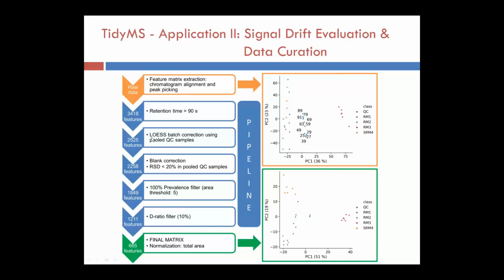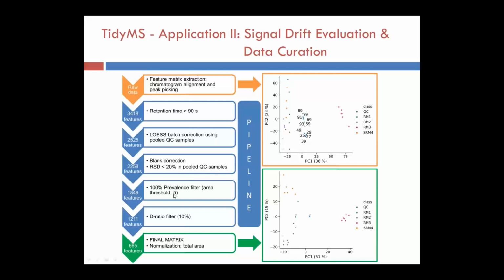And then we applied the LOWESS batch correction using the pooled QC samples based on this visual inspection provided by the PCA score plot. We subsequently applied the blank correction and a filter based on the RSD in the pooled QC samples. In particular, the RSD was estimated with the median absolute deviation.